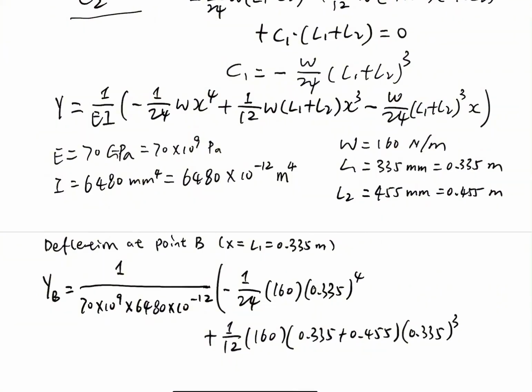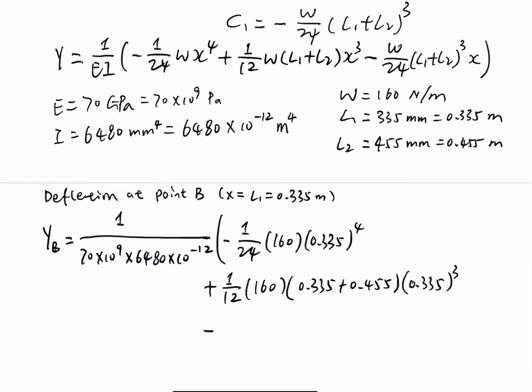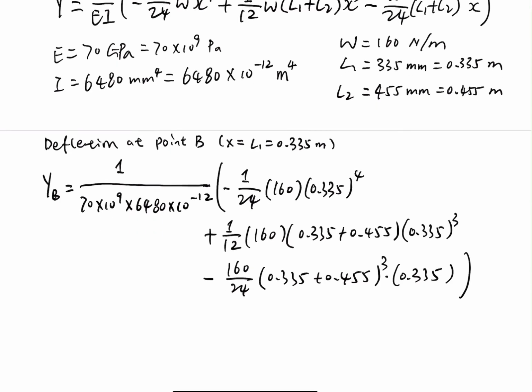So this is the second term, and the third term is showing here: W 160 over 24 times (0.335 plus 0.455) cubed times x, 0.335. Okay, these are all the values we put into this deflection equation.